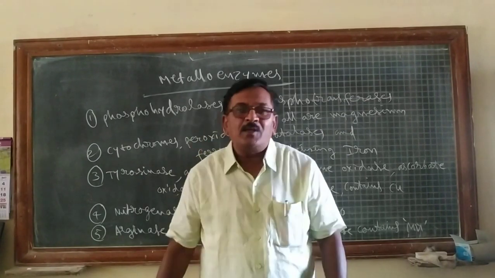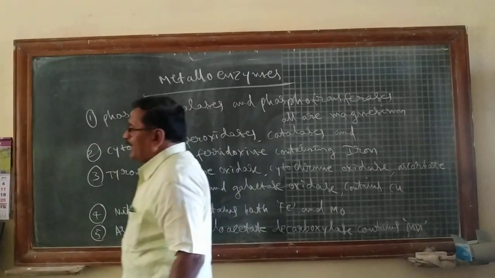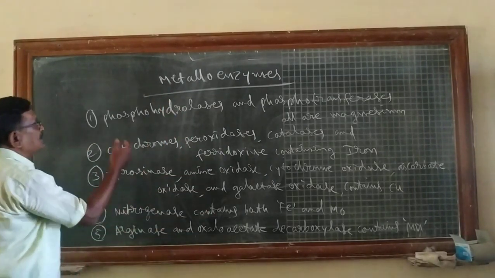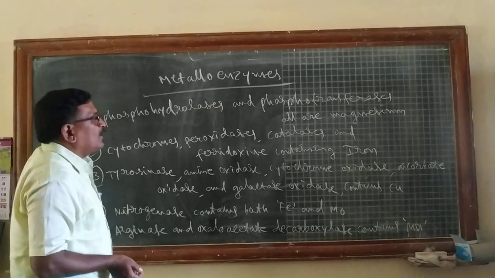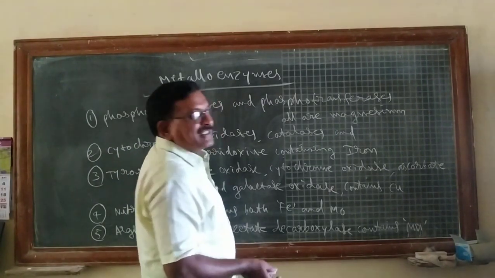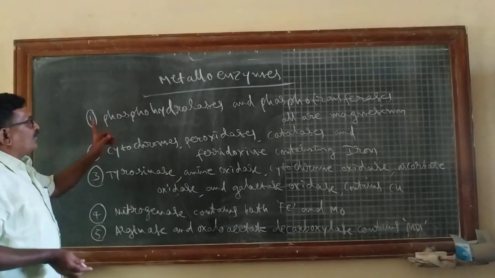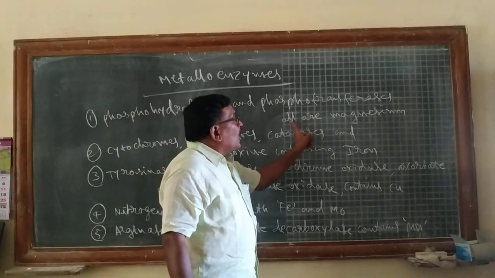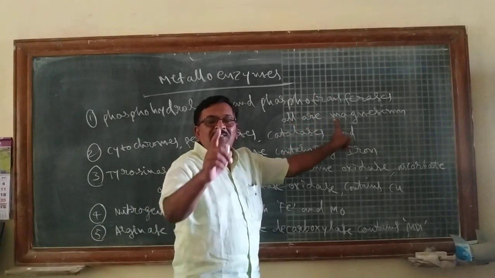Here there are totally 1500 metallo enzymes. Among those there are 6 types of metallo enzymes. The first one is phosphohydrolases and phosphotransferases. All contain the metal magnesium.